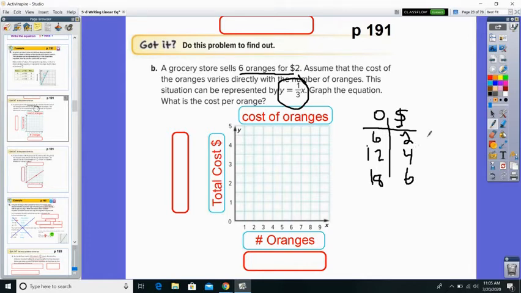So here's where that 1/3 is coming from. I have a change of plus 2 over a change of plus 6. $2 over 6 oranges, because it's always y over x, equals 1/3 when I simplify it.